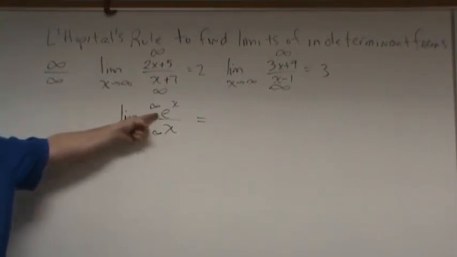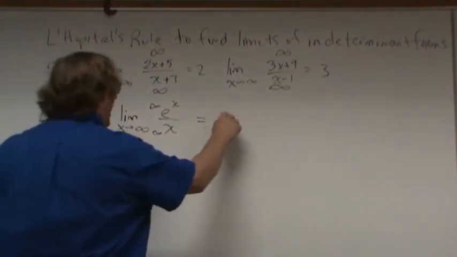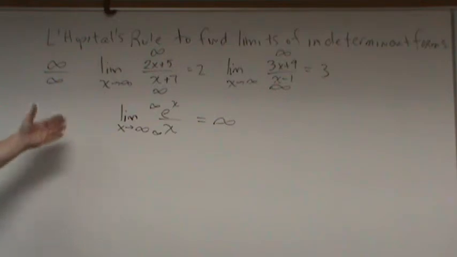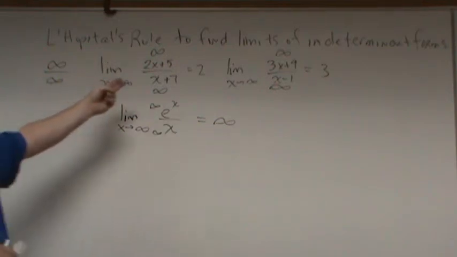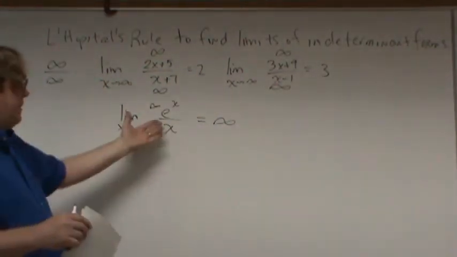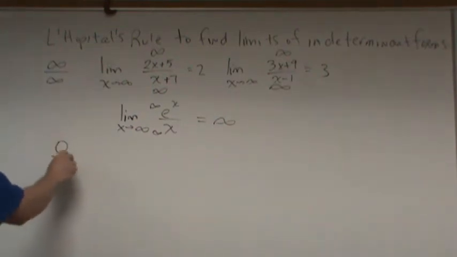In fact, the numerator is infinitely bigger than the denominator, and so the answer ends up being infinity. So we need some way algebraically to determine what infinity over infinity is, because a priori, we don't know. It's indeterminate. It depends.